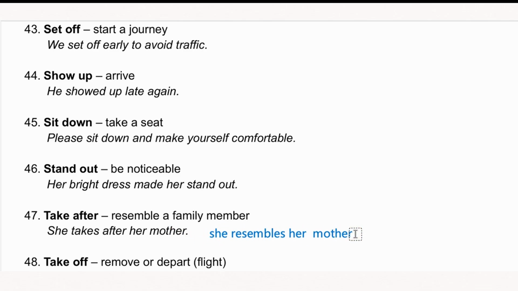So to take after, this is to resemble a family member. Or you take after your daddy. When someone tells you that you take after your daddy, it means you look like your daddy.